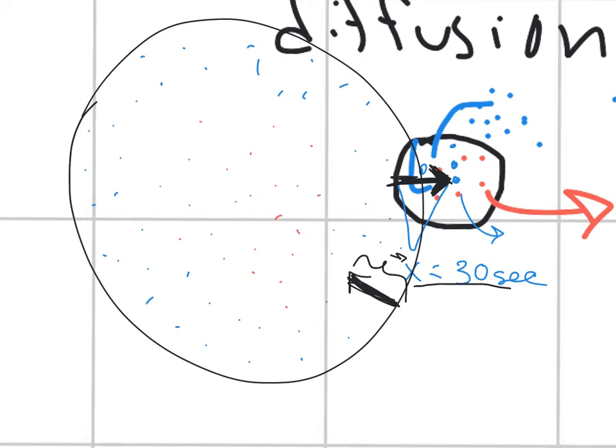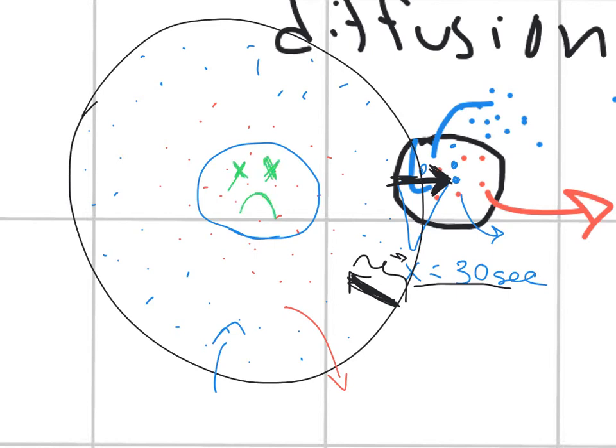So there is going to be a limit to cell size because cells require this passive movement of oxygen and carbon dioxide for diffusion. At a certain point, the inside of the cell is not going to get any oxygen. It's not going to be able to get rid of the carbon dioxide, and it's going to die. So the reason cells are small is because they rely on this concept of diffusion.